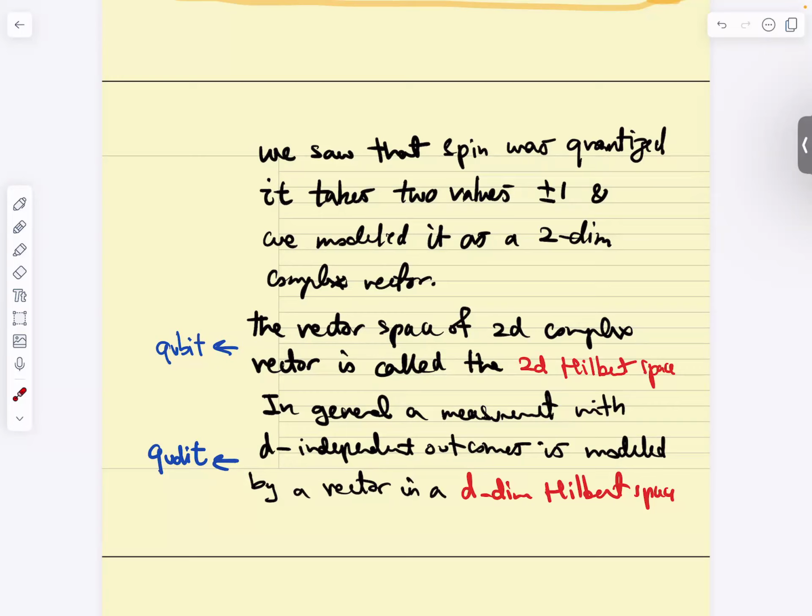That could be modeled by a three-dimensional complex vector space. In general, if you have d independent outcomes, we're going to model them by a d-dimensional complex vector space, namely a d-dimensional Hilbert space. So is it clear now what the d-dimensional Hilbert space is? I'm motivating it. We're going to get to the mathematical definitions in a bit.